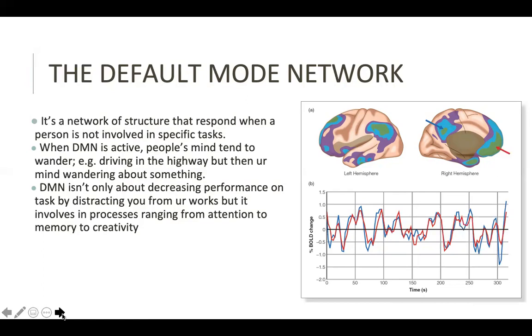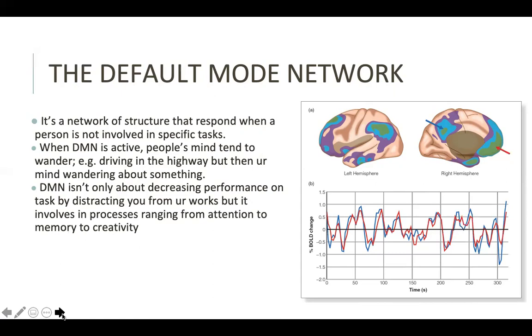So when we're mind wandering, we are activating this default mode network. It is not only about decreasing performance on tasks by distracting you from your work, but it's also involved in processes ranging from attention to memory to creativity as well.